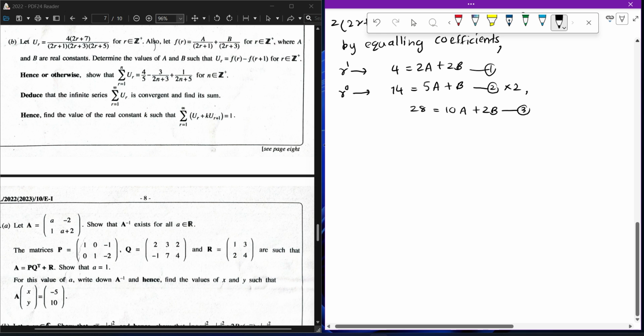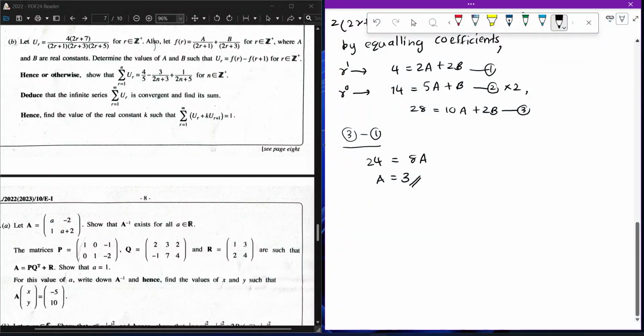So I'll say 3 minus 1. So 28 minus 4 is 24, equals 10a minus 2a is 8a, and then 2b minus 2b is 0, and the value of a we get is 3.